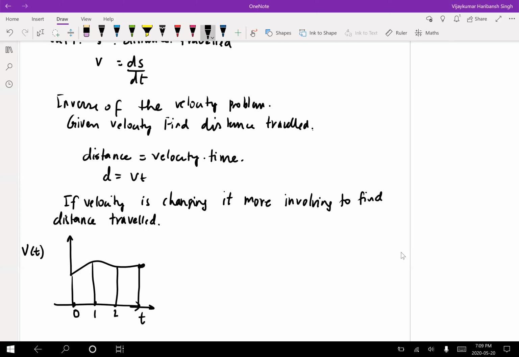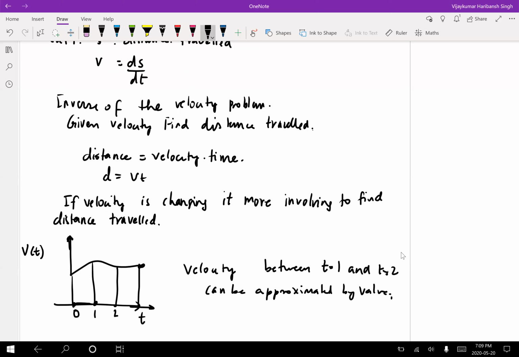Now, so let's try to see what is the distance traveled then. So distance is going to be velocity times time. So this is the time axis, this is the velocity axis. Now suppose the velocity between t equals 1 and t equals 2 can be approximated by some value.